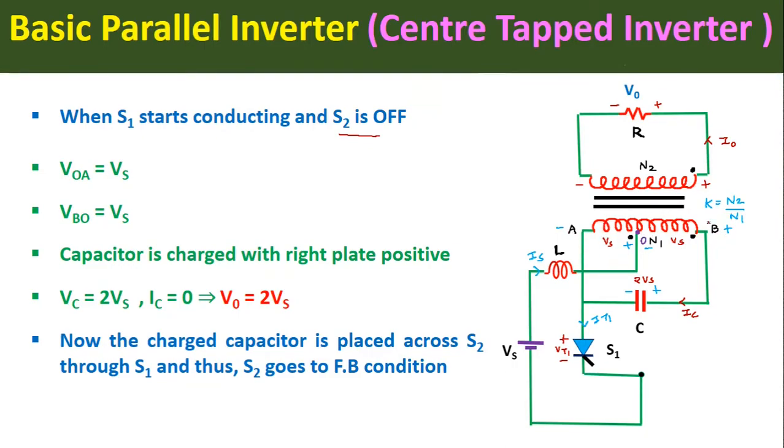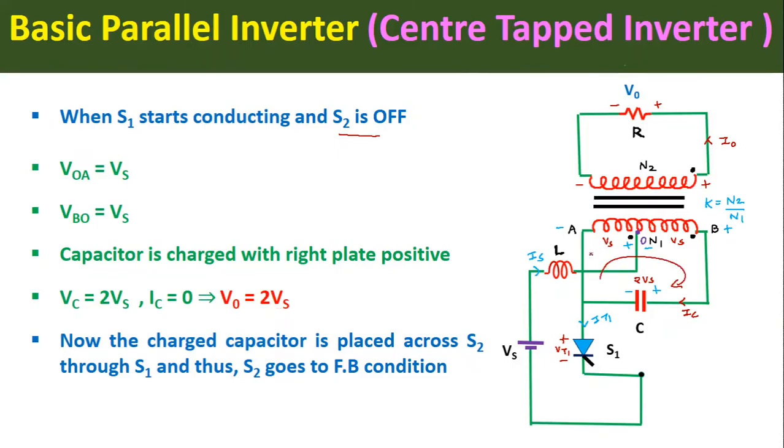Now, because of the voltage across this primary winding, this capacitor voltage polarity will be positive on the right hand side plate and negative on the left hand side plate, as you can see in the circuit diagram, because the positive on the B terminal will come towards the right hand side plate of this capacitor. So the maximum voltage across this capacitor will be equal to 2Vs.